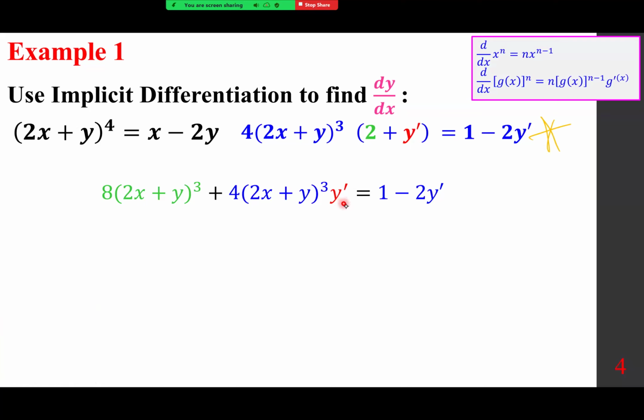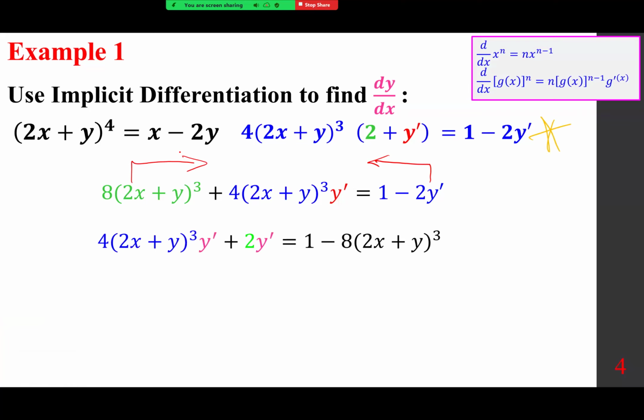To solve for y prime, we bring everything involving y prime to the same side, meaning we are going to move this to the left and make it positive, move this to the right and make it negative. And on the left side, we factor the y prime out.